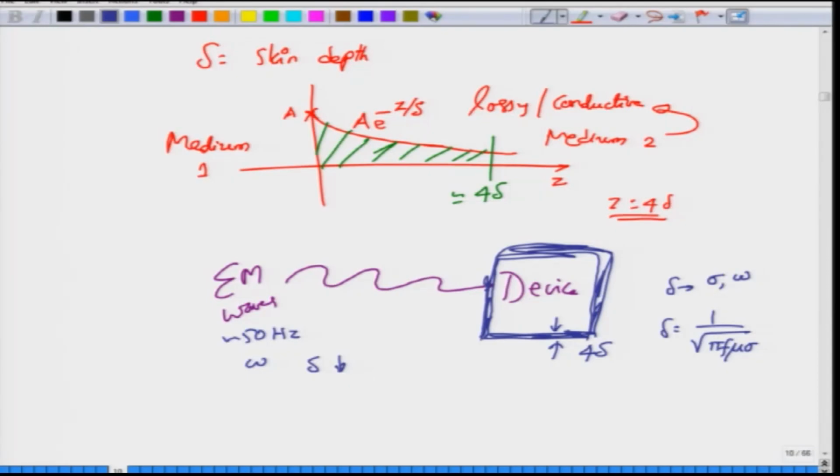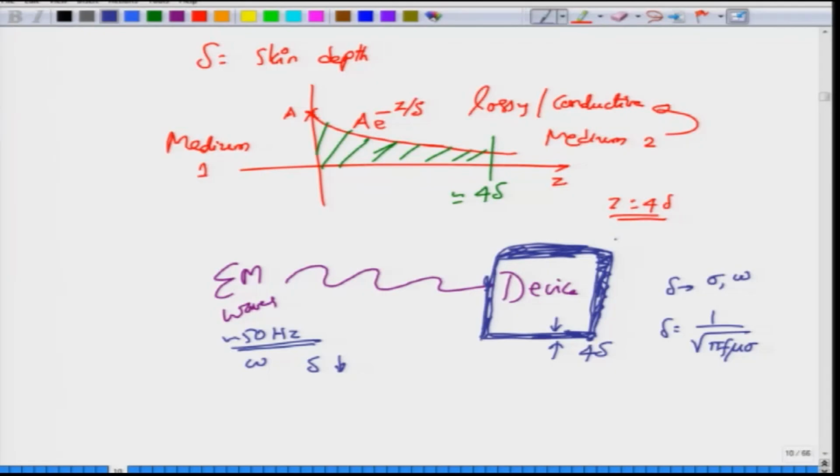So, if you know that the worst case electromagnetic waves incident on your device would be at 50 hertz, then if you house this device inside a metal with a depth of say 4 delta, as determined by the material conductivity, then that metal house is sufficient to withstand even when your f is say 2.4 gigahertz, which would come from your cell phone.